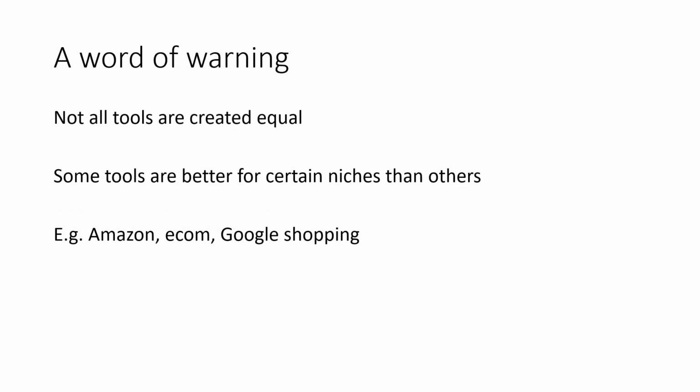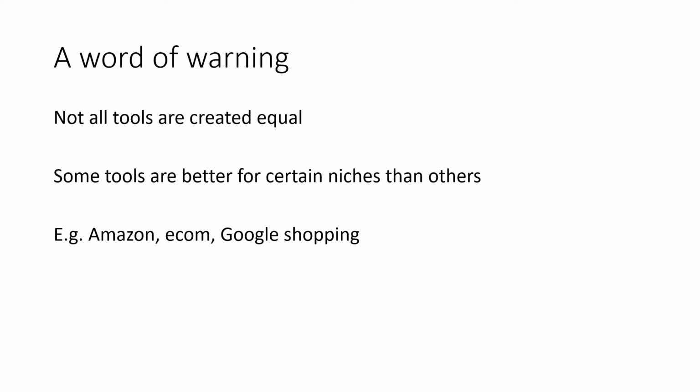So a word of warning before I show you the tools, and that is that not all tools for keyword research are created equal. And what I mean by that is that some software aren't that great, so you want to make sure you're looking at good popular tools. But also some tools are better at certain niches than others. So for example, some of the keyword tools out there are just for Google.